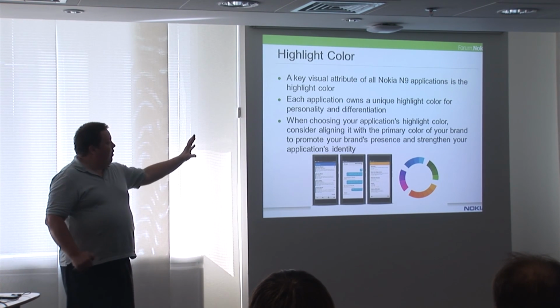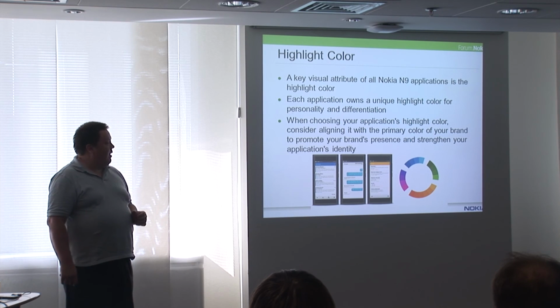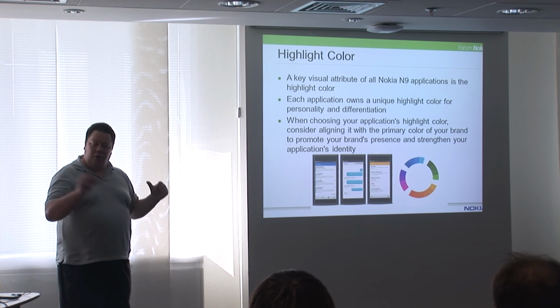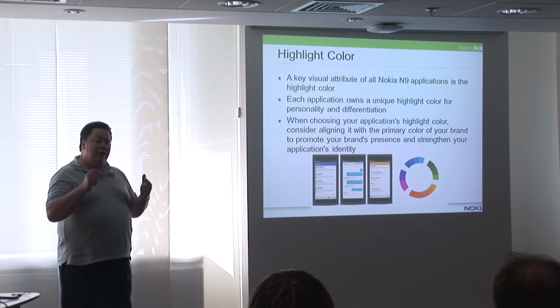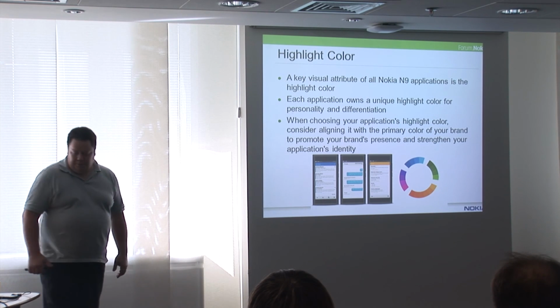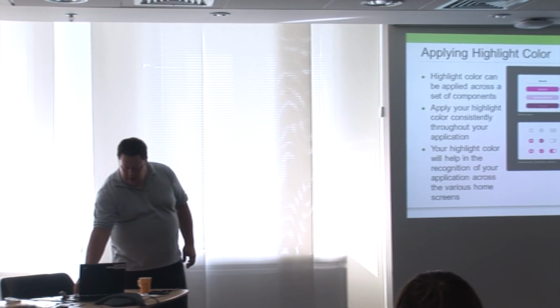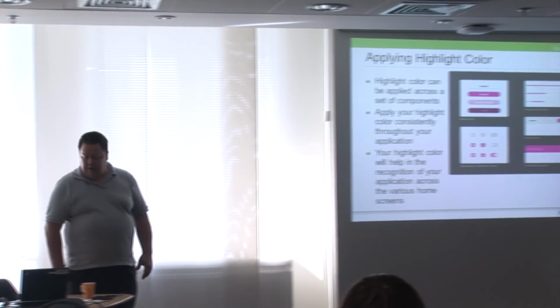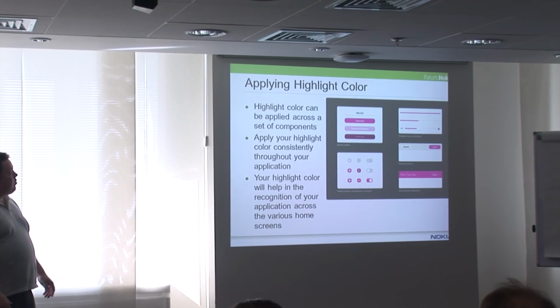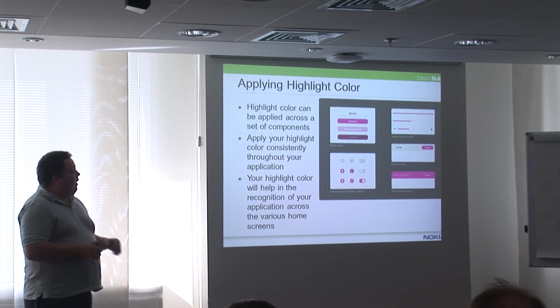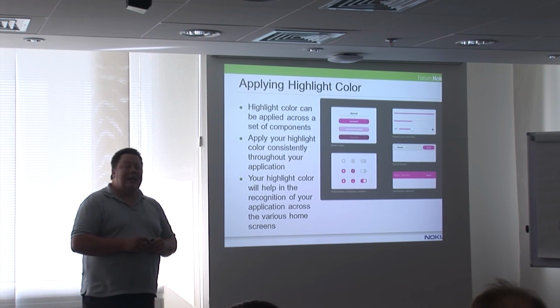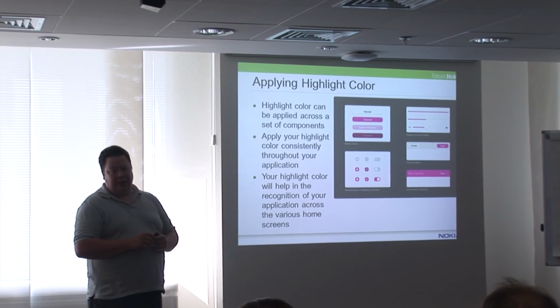So everywhere now, the color identifies the application. In the launcher icon, it should have the color. In the thumbnail, in the multitasking view, in the application controls itself. Okay? And that shows how to use the color to highlight different things in your application.